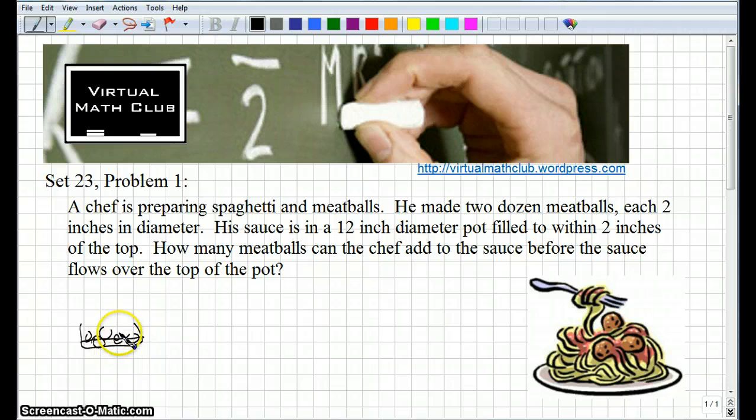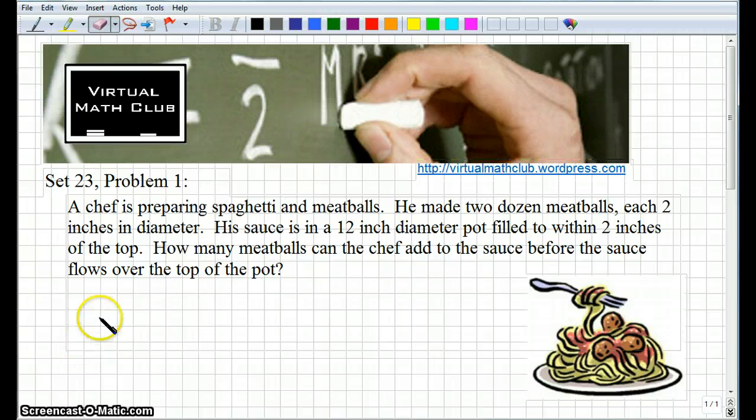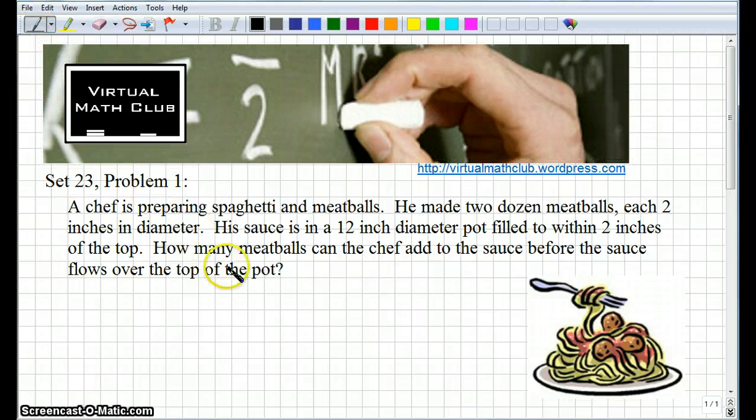So we're going to assume that we have enough sauce in the pan to cover all the meatballs. Okay. So every time we add a meatball, the volume of stuff increases in the pot. And we're going to assume that the meatball just drops down and the sauce covers it completely.